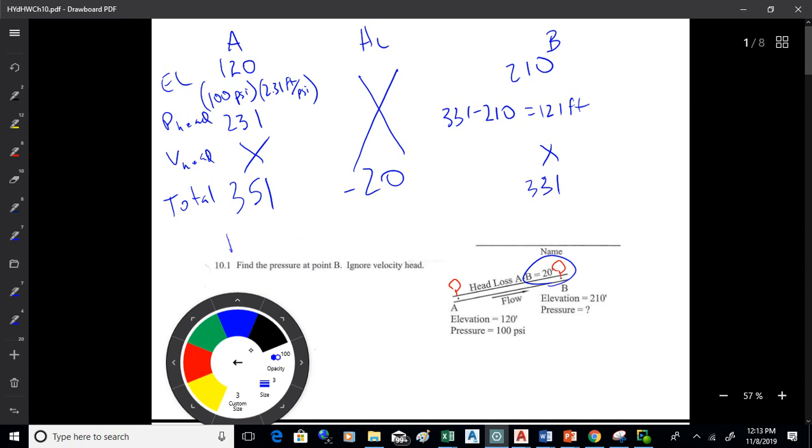And then to find the pressure at B, you take that 121 feet and convert it using 0.433 psi per foot.